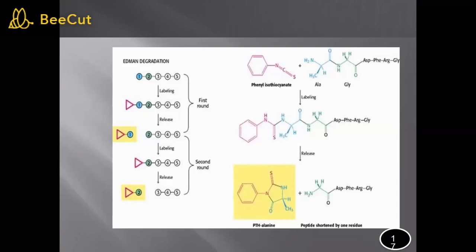Then we have to extract this thiazolinone derivative in the organic solution. Then we have to treat it with the aqueous acid, and we get the PTH amino acid derivative.